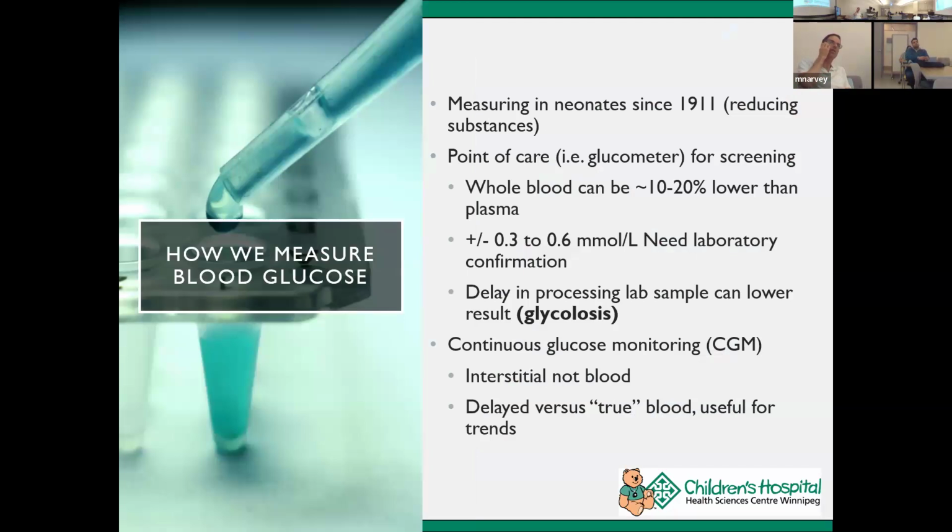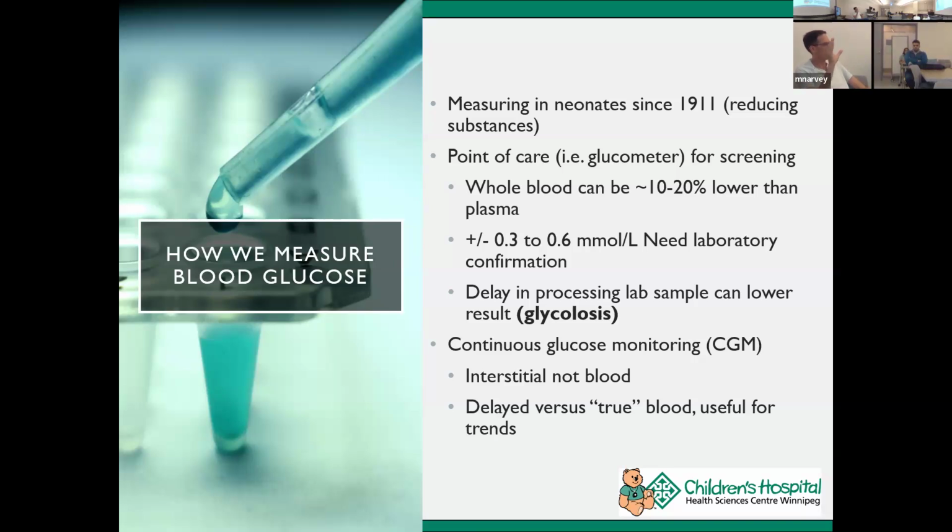Now, here's the reason why we wanted a level of under 2.8. As I mentioned, we have been measuring glucose for over 100 years in newborns. But here's the problem. Due to glycolysis of red blood cells, so breakdown of sugars, whole blood tends to be about 10 to 20% lower than plasma.